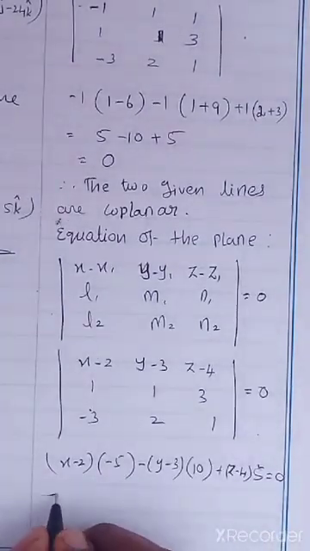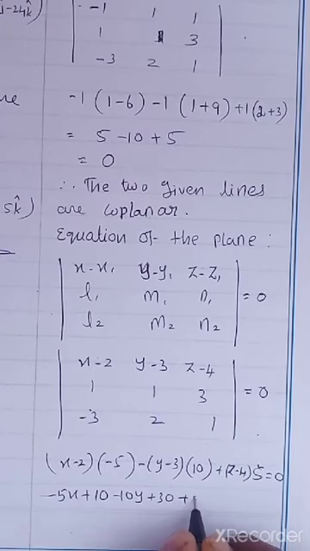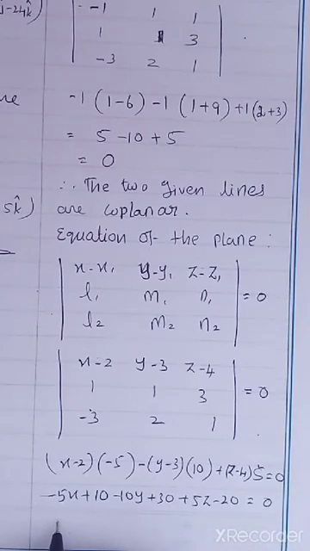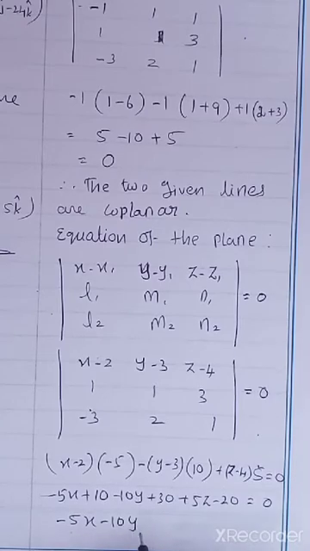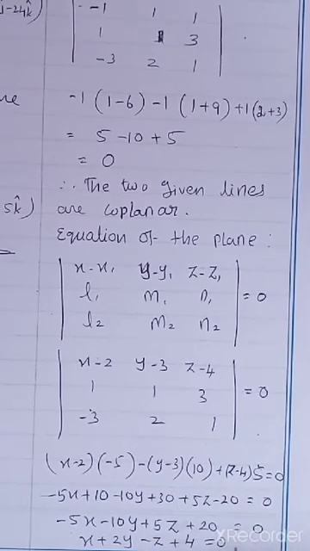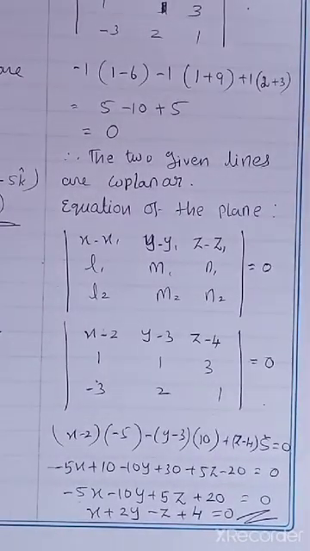Again we have to simplify this: minus 5x plus 10 minus 10y plus 30 plus 5z minus 20 equals 0. So minus 5x minus 10y plus 5z plus 20 equals 0. If we divide by minus 5, you get x plus 2y minus z plus 4 equals 0, which is your final answer. This is the equation of the plane. Is that clear?